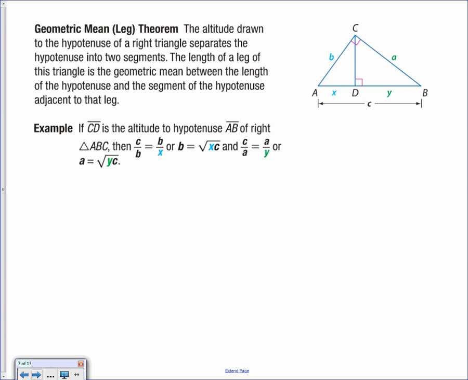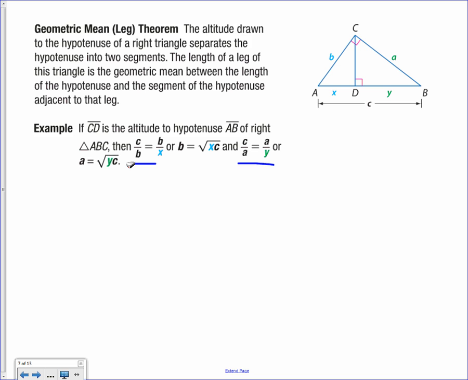We have another geometric mean, which is the geometric mean for the legs. Again, this comes because the triangles are similar, therefore their side lengths must be proportional. You'll notice that the 2 proportions given, the first one uses b twice, the second one uses a twice. And the way I think about this one is by starting with the hypotenuse. So I'll do one of these.